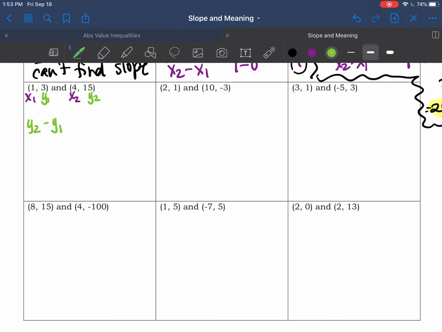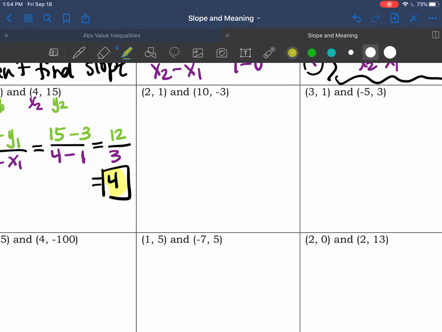So y2 minus y1 over x2 minus x1. y2 minus y1 over x2 minus x1 gives me a 12 on top, gives me a 3 on bottom. 12 divided by 3 simplifies to 4.